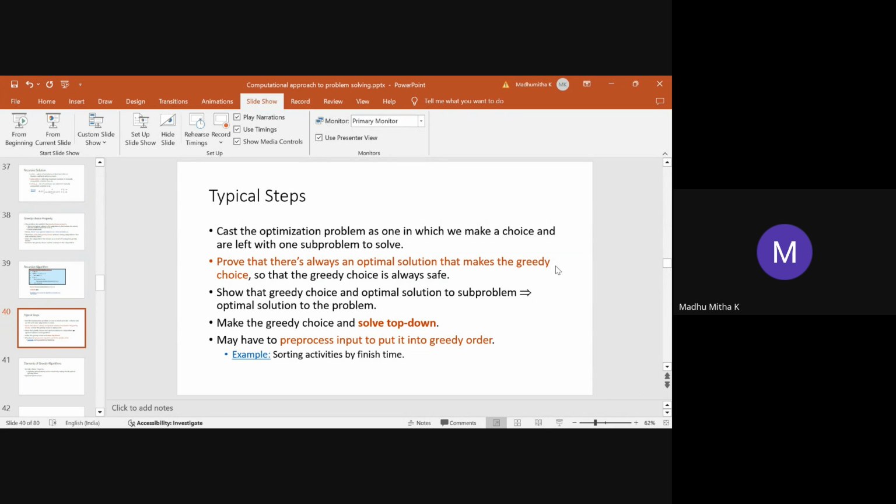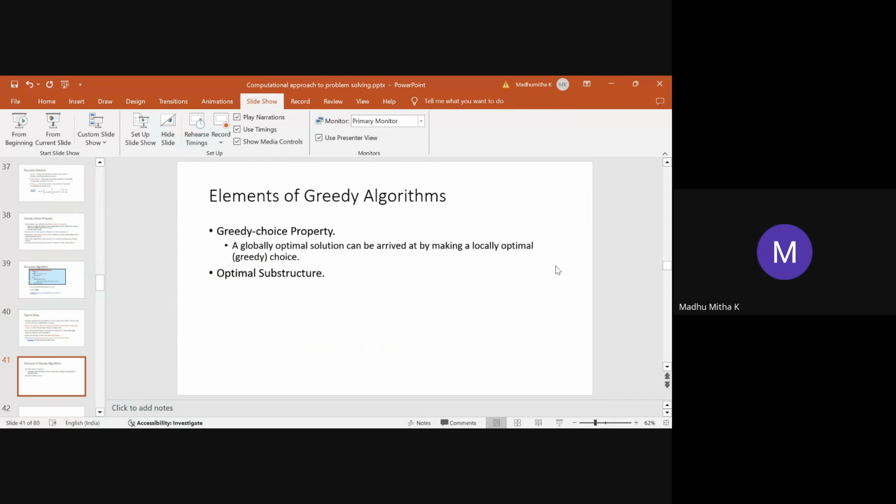So whatever greedy choice you are taking and finding the optimal solution to the subproblem will act as an optimal solution to the entire problem. You can solve the greedy choice from top to down, where the bottom-up approach is not available in the greedy choice. There is also some preprocessing of inputs given into your greedy algorithm.